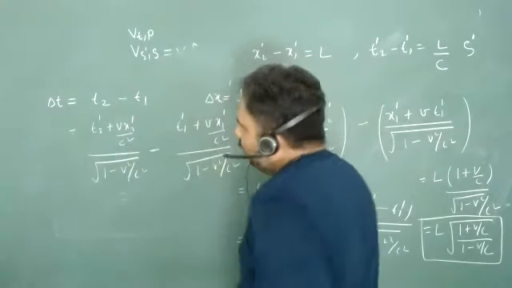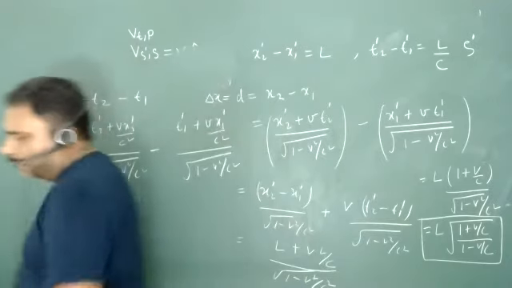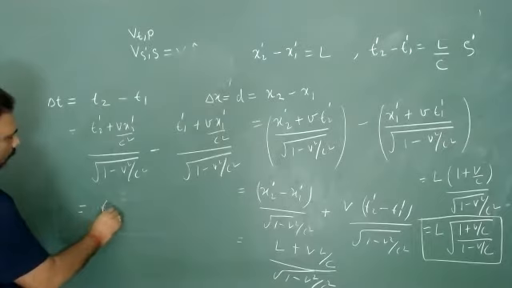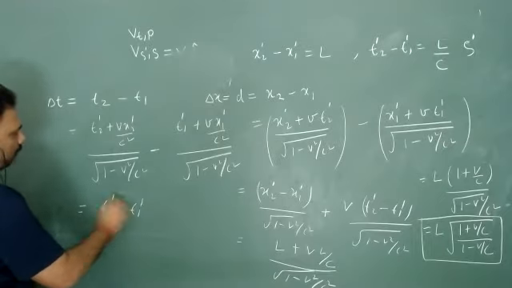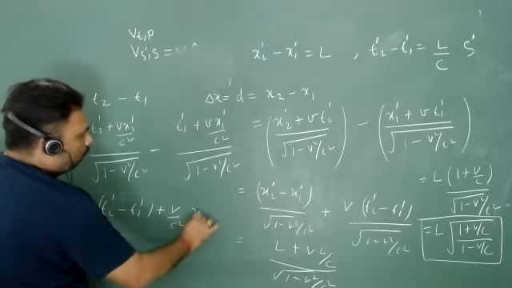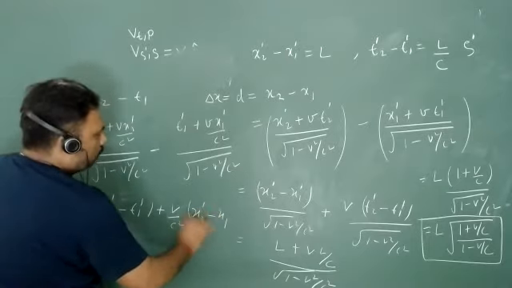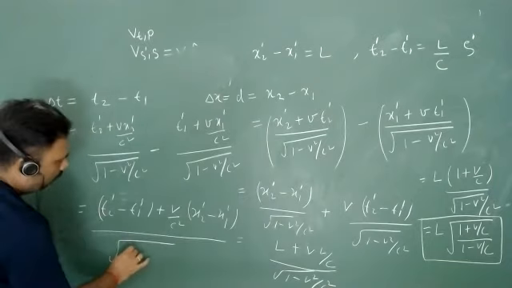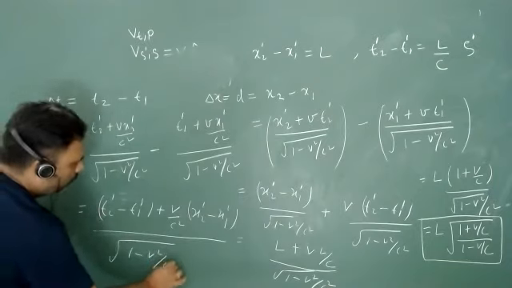And now again I can collect the time part and the space part. So when we collect the time part, that will be (t2' − t1') + v/c² times (x2' − x1'), and here we have root under 1 minus v²/c².